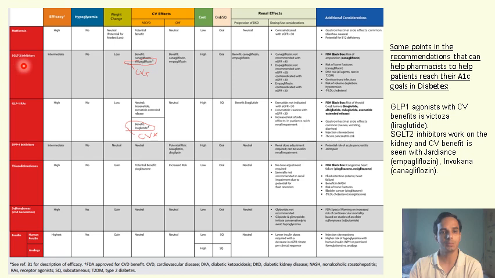SGLT2 inhibitors, sodium glucose transport inhibitors, work in the kidney. They've been found to have good CV benefits actually, though there's a risk of infection.